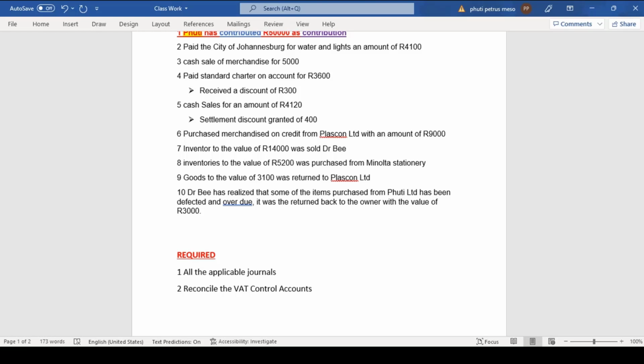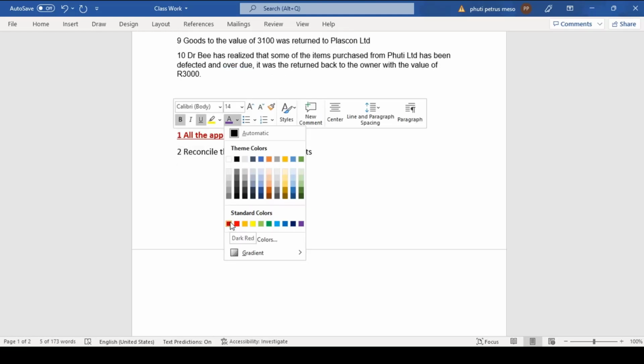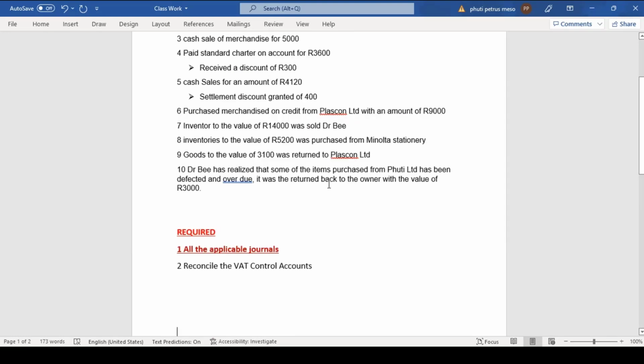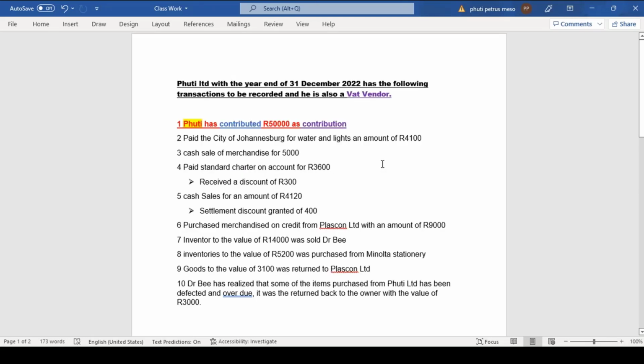So your applicable journals might be basically, let's just say all of them, which is your cash receipts journal, cash payments journal, purchases journal, sales journal, and the returns on the general journal on that one. So this is what I want, because this is a starting point of these transactions.